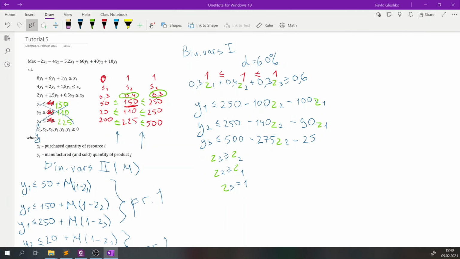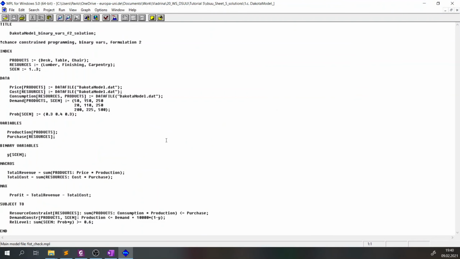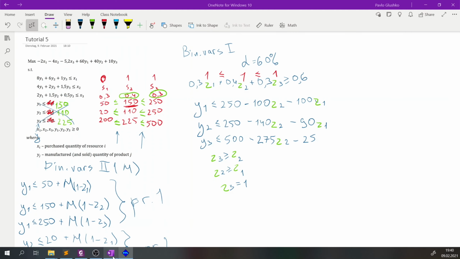And the next solution is with big M notation. The next model. And here we have even fewer differences. So basically, in the constraints, we put on the right-hand side demand, the same as we did here.